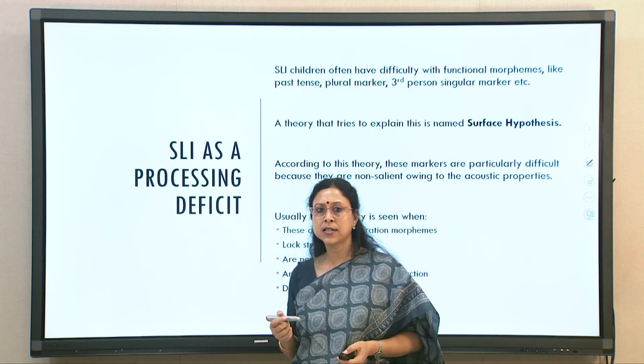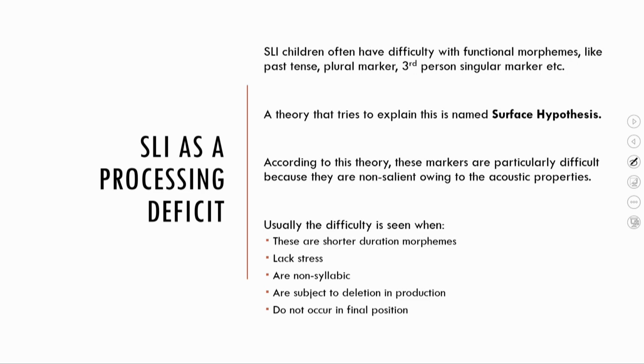The surface hypothesis says that these markers are particularly difficult because they are non-salient owing to their acoustic properties. Remember, we talked about the various kinds of acoustic and prosodic properties on the basis of which segmentation of sounds also happens. So, this seems to be a recurring issue.